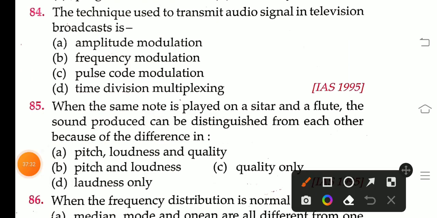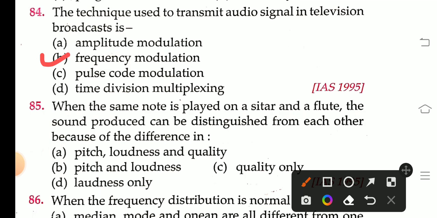Next, the technique used to transmit audio signal in television broadcasts is, right answer option B, frequency modulation.